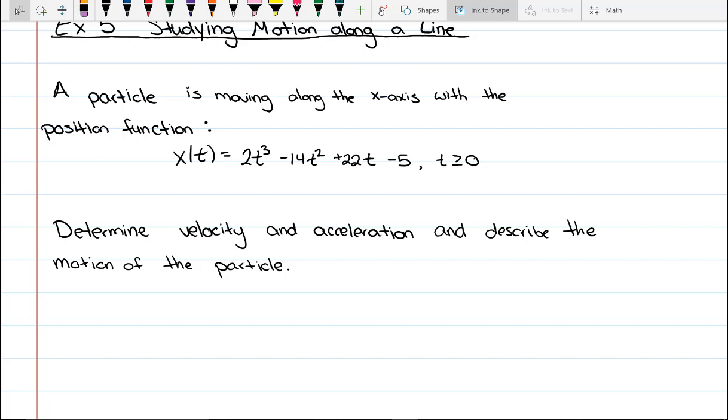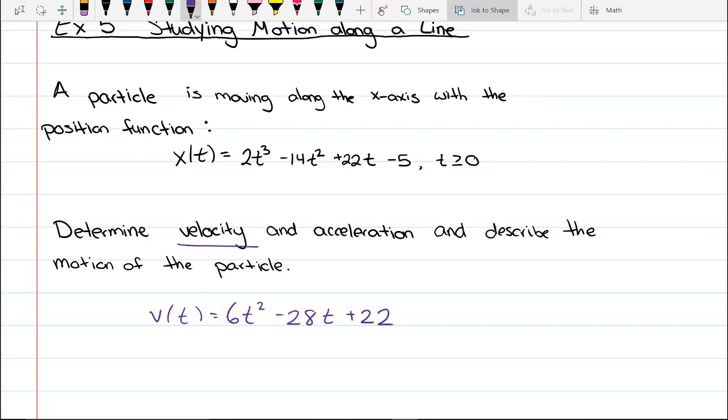So first things first, let's go ahead and determine the velocity of our particle. If you recall, velocity is the derivative of position. So v of t is then 6t squared minus 28t plus 22.